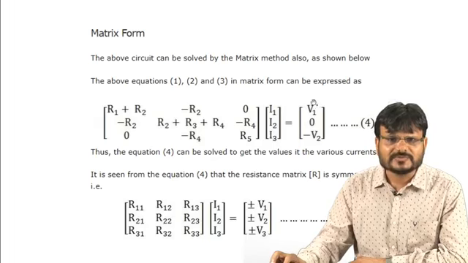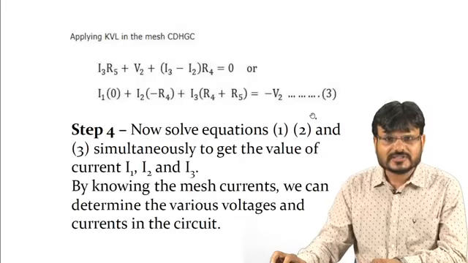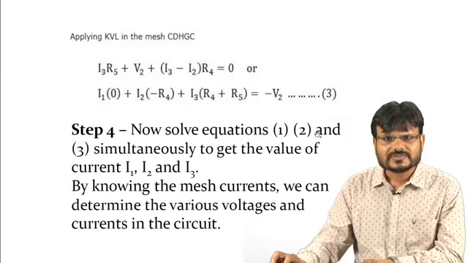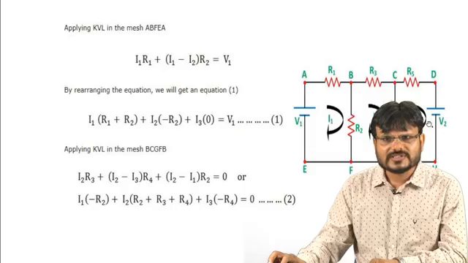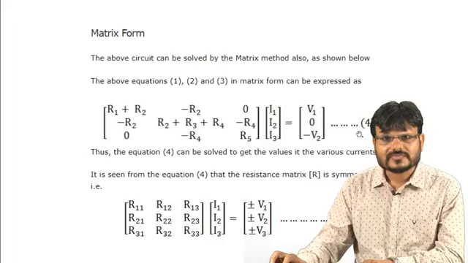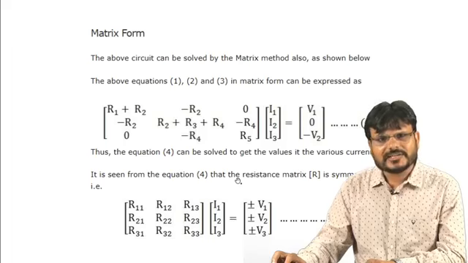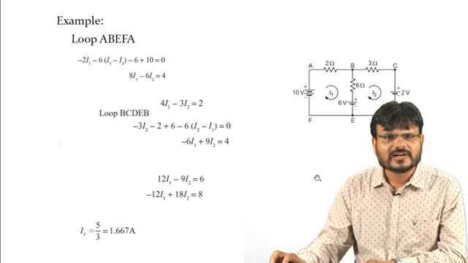This voltage V1 is applied in mesh 1, and in mesh 2 you can see there is no voltage source, that's why this is 0, and in mesh 3 this voltage is V2. So after applying Cramer's rule, you can easily find out the values of I1, I2 and I3.